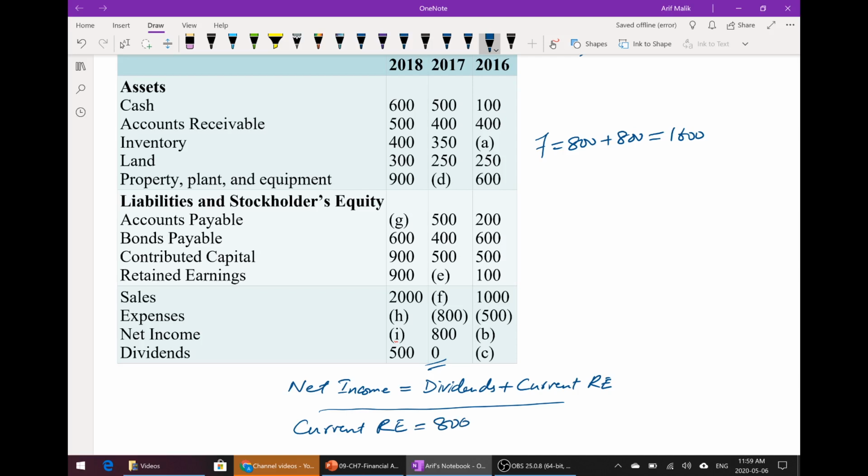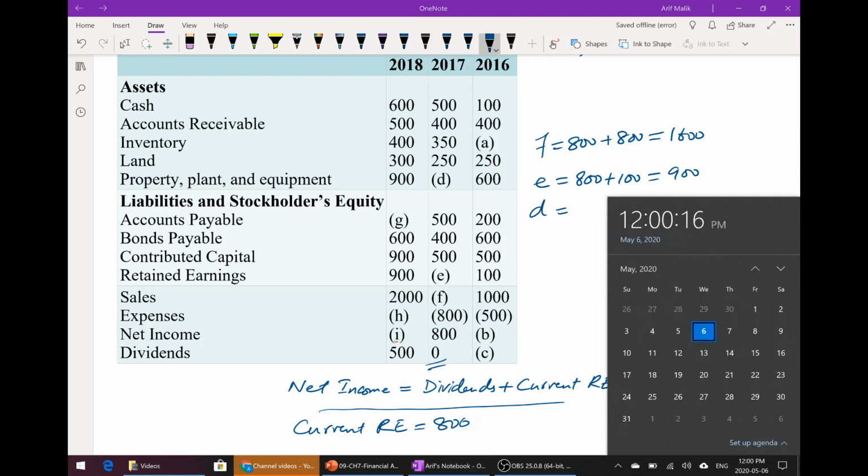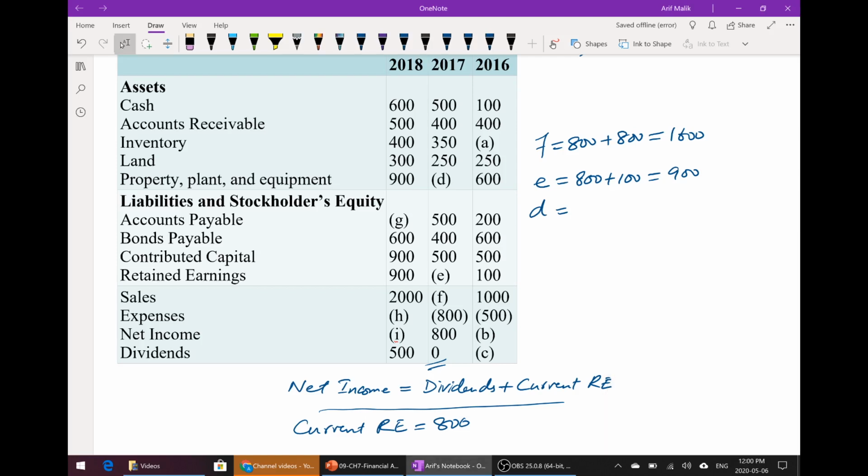Now E is cumulative retained earnings, because in the balance sheet we have cumulative retained earnings. So this means that E is equal to current retained earning 800 plus the previous year retained earning 100. So what we get is 900 here. All right, and we have F, we have E, and we can now work out D. D will be equal to, just put over here 900.